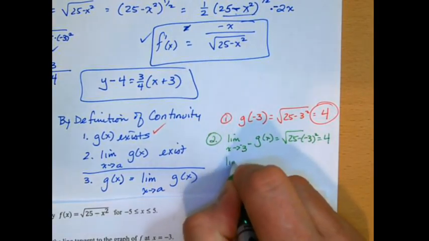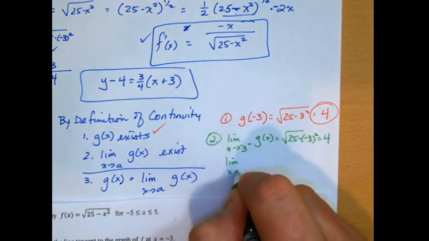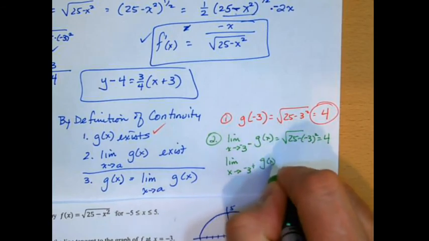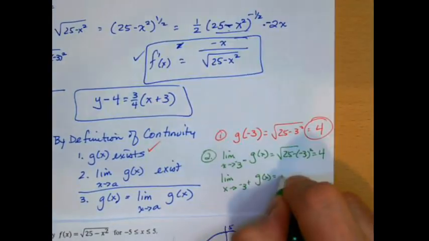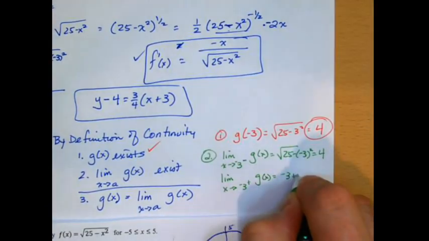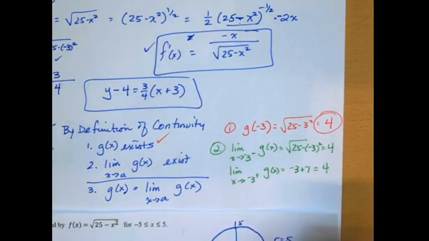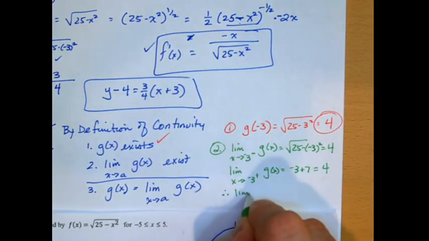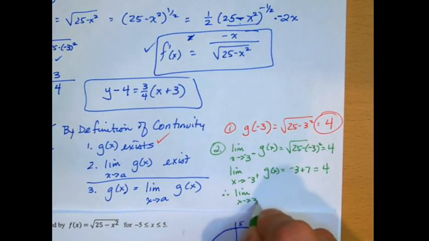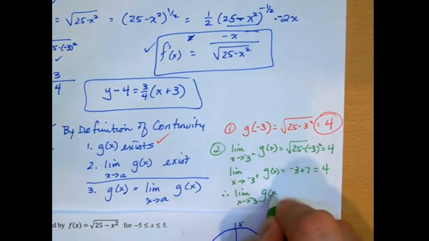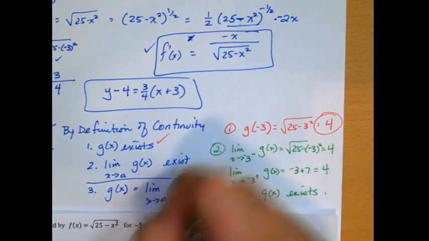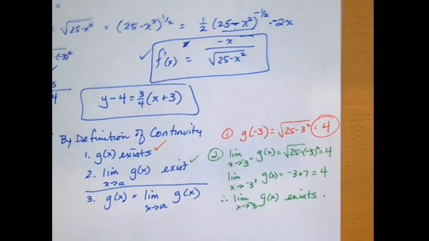Then we need to check the limit as x approaches negative 3 from the right of g of x. When it approaches from the right, we're going to use the x plus 7. So that's going to be negative 3 plus 7, which is 4. So therefore, the limit as x approaches negative 3 of g of x exists. Done. Now, do they equal each other?